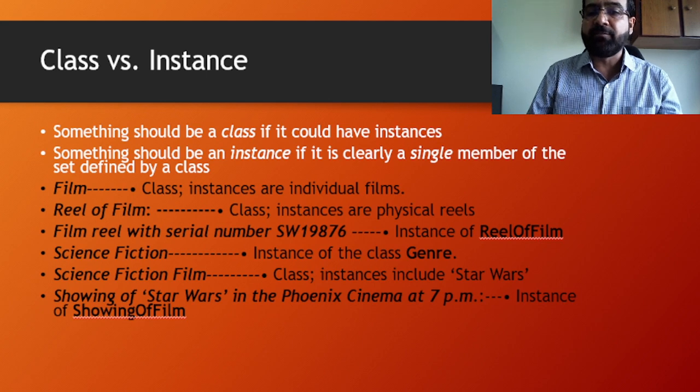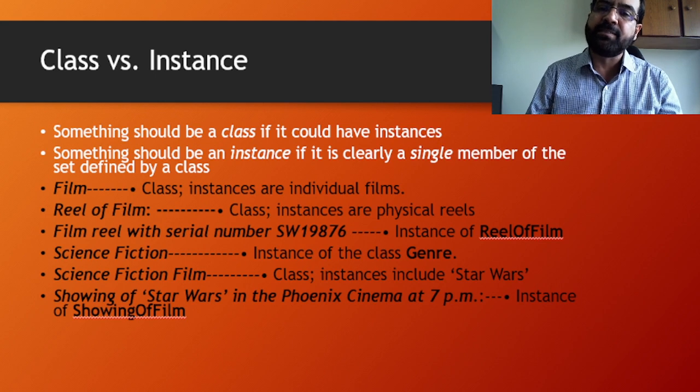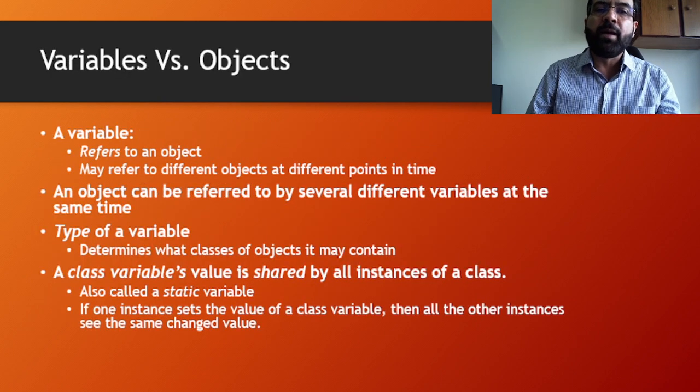Similarly, science fiction is an instance of the class genre. Science fiction film is a class, and instances include Star Wars, and so on. These are some of the examples, and you can easily understand them when you have certain objects given in a particular domain. So variable versus object is one concept we need to understand.